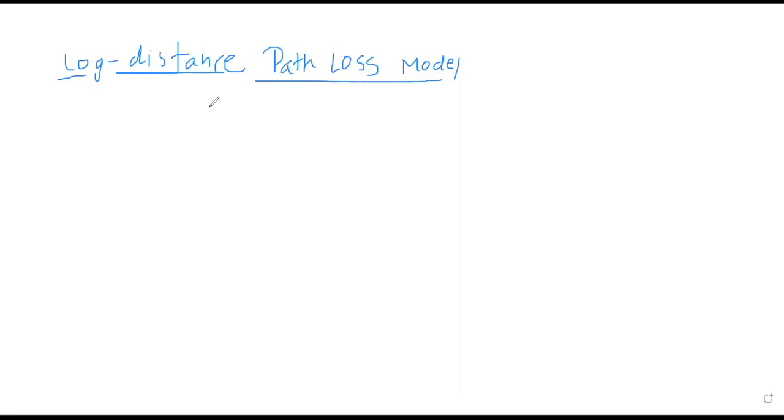That's why, in the previous video we have written that the path loss at distance d is directly proportional to the actual distance d upon the reference distance d naught, to the power of n, and we are taking the log for the path loss PL.